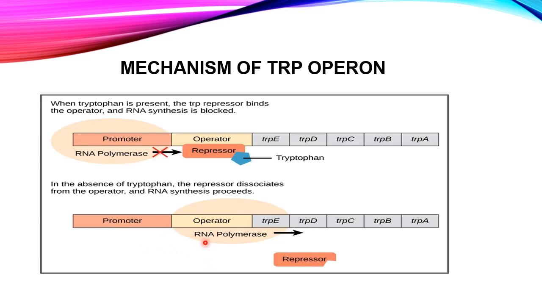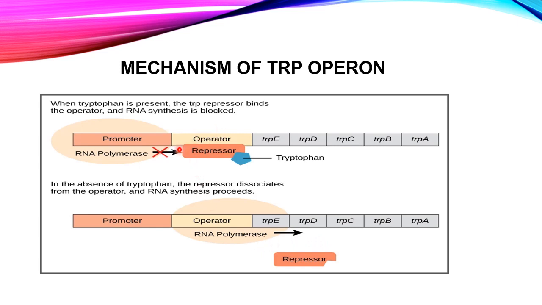The RNA polymerase, which binds at the promoter region, goes forward, resulting in transcription. As it goes forward, all these genes are transcribed and result in the synthesis of mRNA. This condition is when the tryptophan is absent.